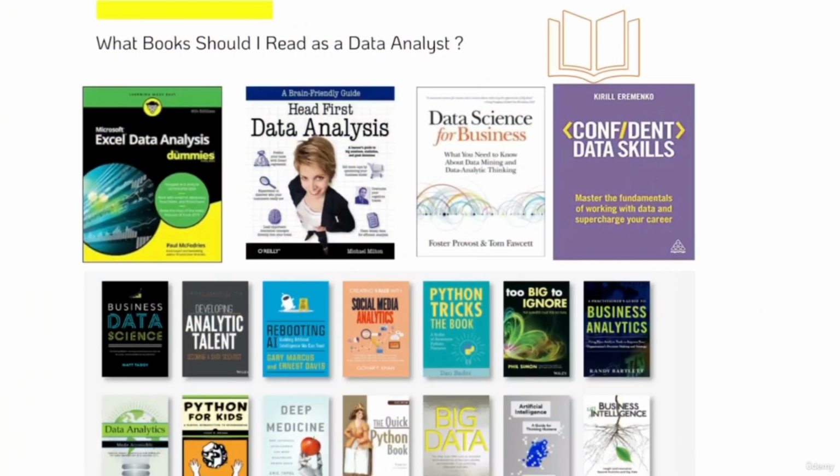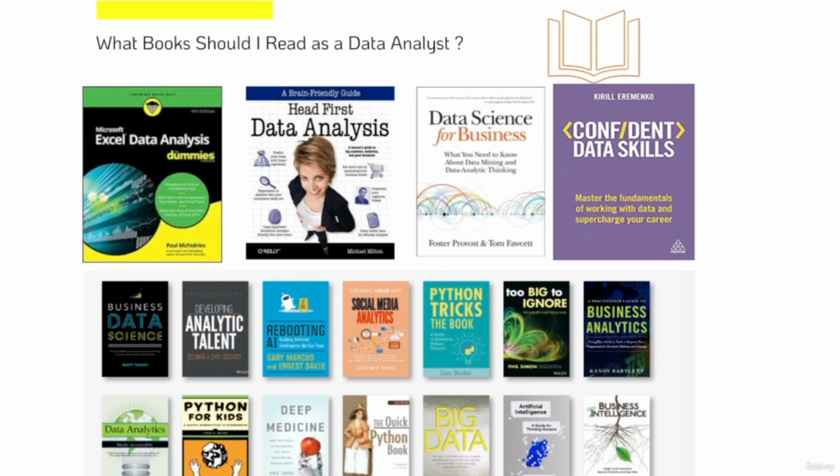So now you might wonder, what books should I read as a data analyst? As a data analyst, you have so many options to pick from. For example, you have this book called Microsoft Excel Data Analysis for Dummies. In this book, you will learn how to do data analysis using Excel. The second book called Head First Data Analysis.